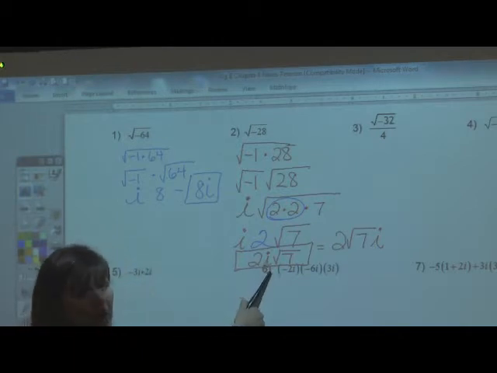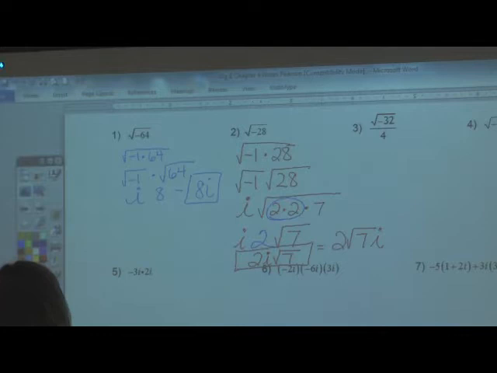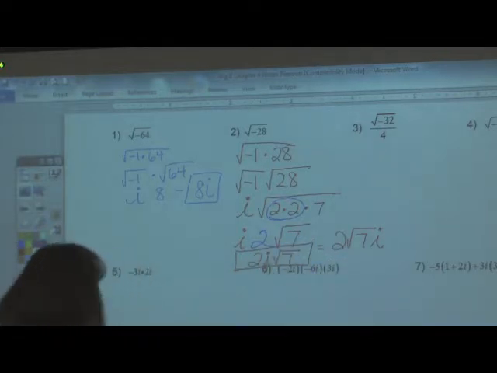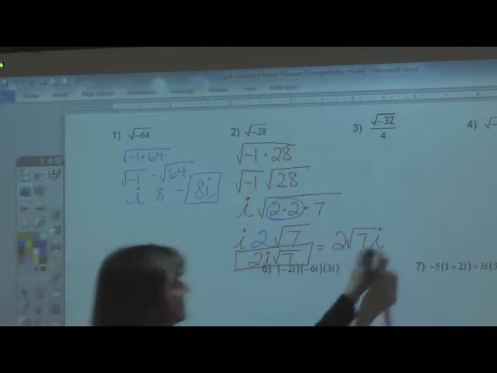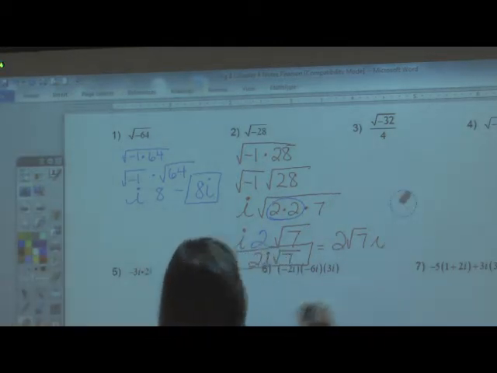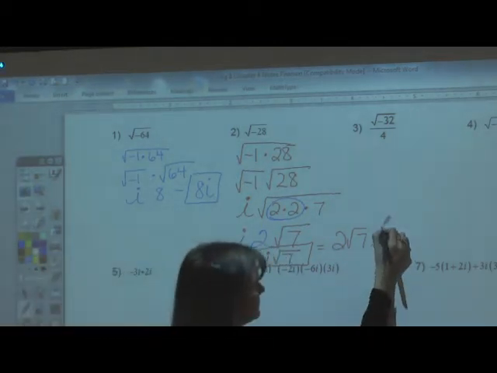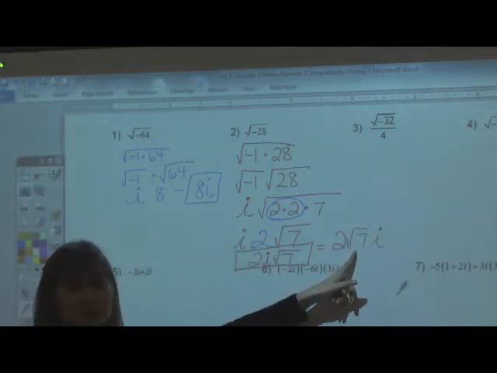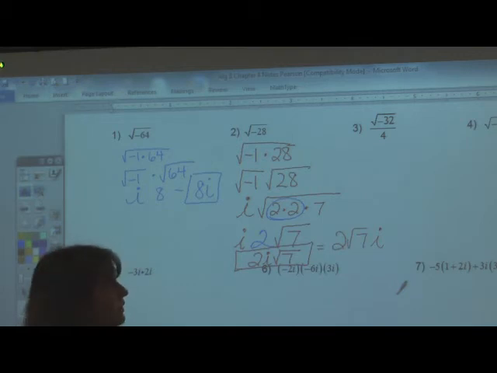So this is a better way, especially if you're not real neat. And that's the way I would probably prefer to see it. But this is equivalent as long as it is very clear that the square root of 7 is with the radical, not the i. Okay?